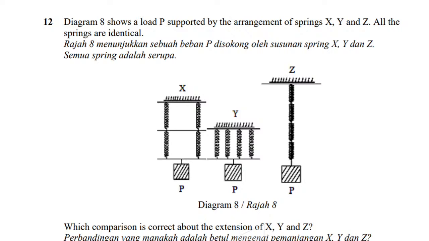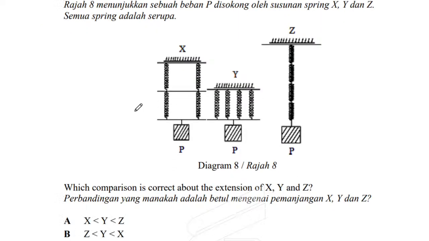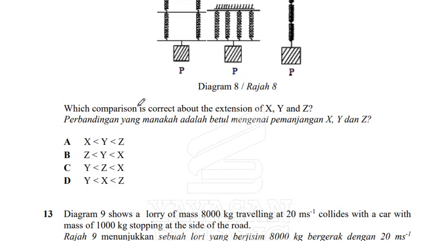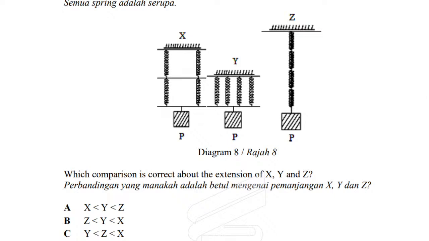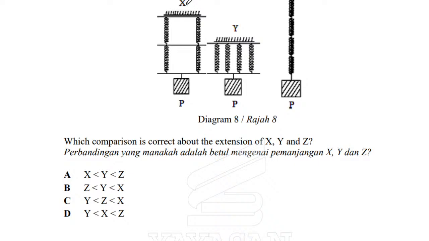Okay, somebody already has the answer. Okay, so we have X, Y, Z. Genesis, Z is the longest.